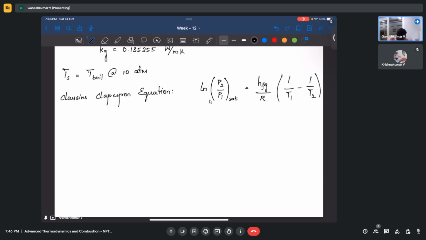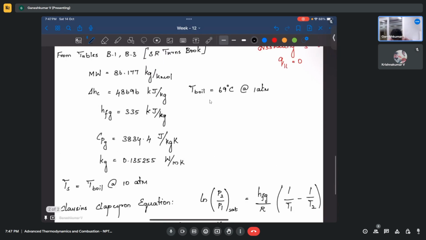Yes. Now P1 is 1 atmosphere, and T1 is 69 degrees Celsius, which is 69 plus 273.15, that is 342.15 Kelvin. And for R, we take 8314.5 divided by the molecular weight of the fuel, 86.177, which is around 96.48 joules per kg Kelvin.